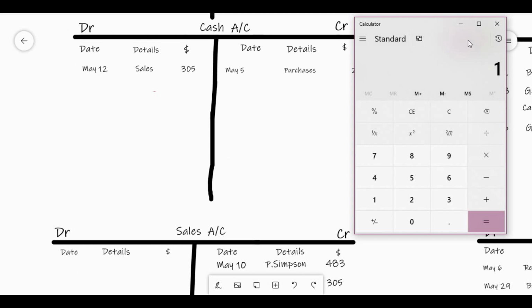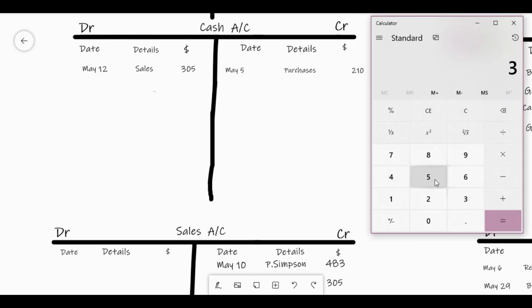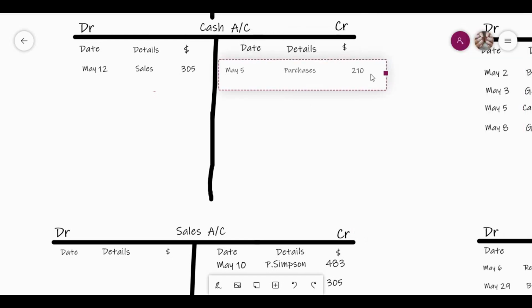So we're going to balance the cash account. 305 minus 210 gives us $95. So we're going to be using that amount as the balance carried down figure, because that is the amount needed to balance off the account.